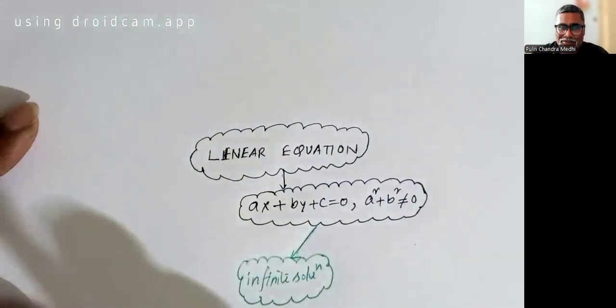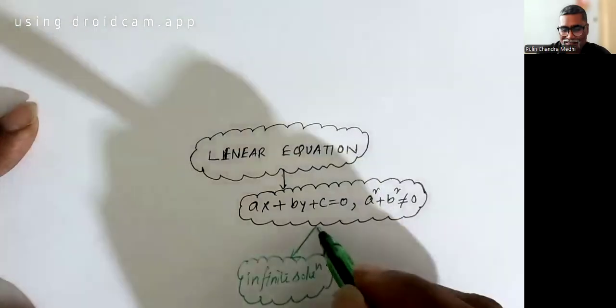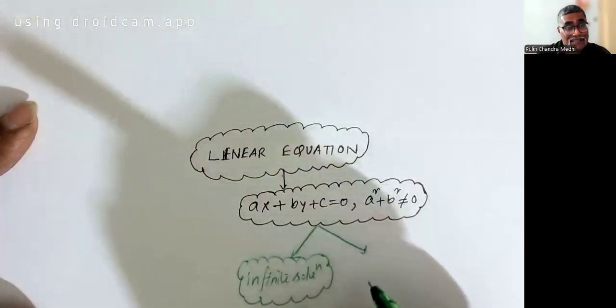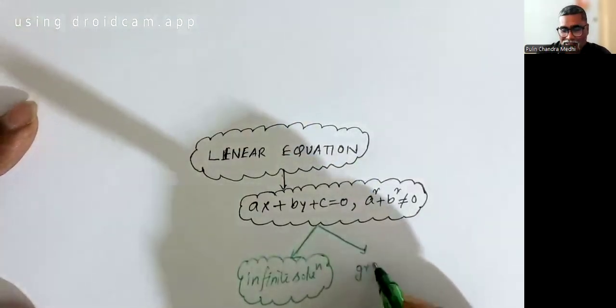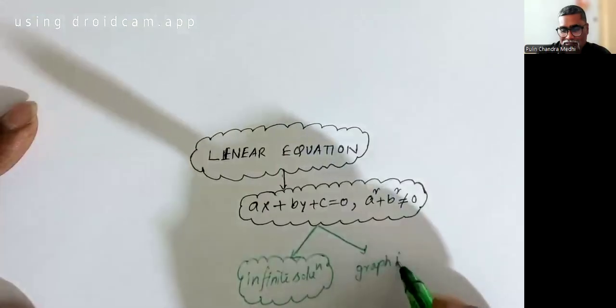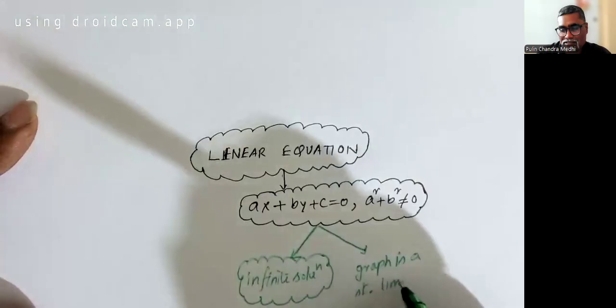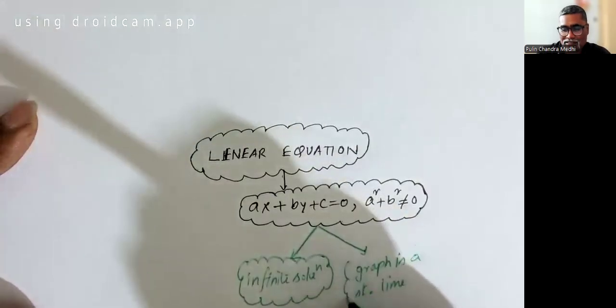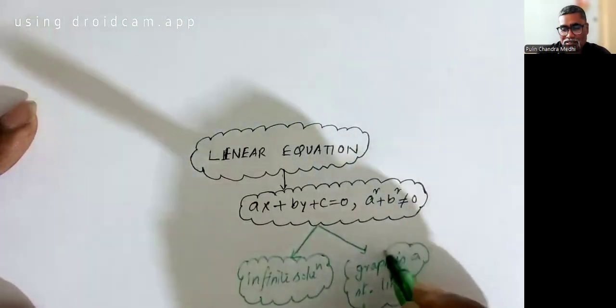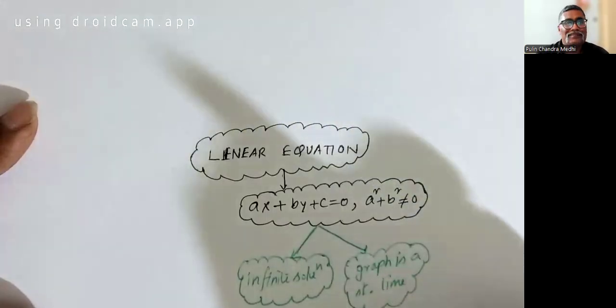This is what I know, right? Secondly, what I know from here again, the graph is a straight line. There is a graph which will be a straight line, right?